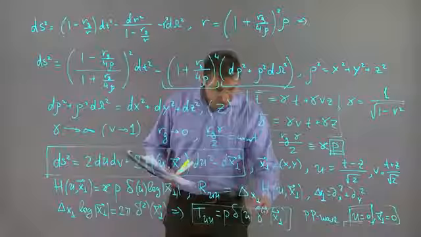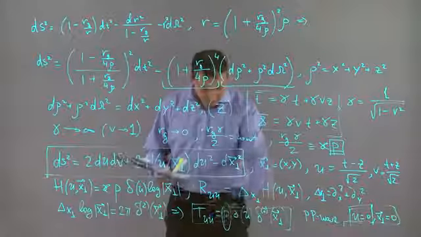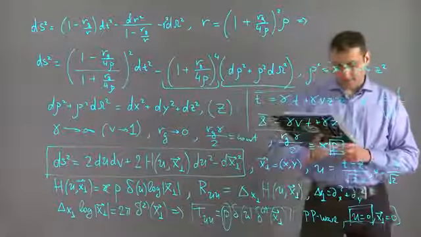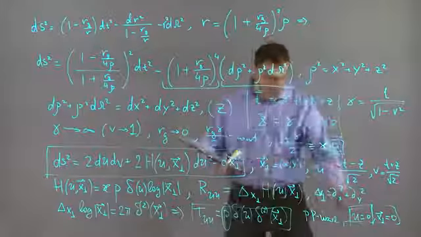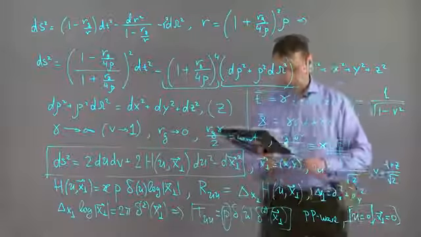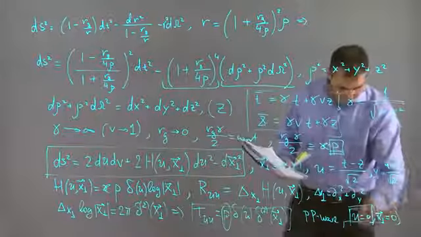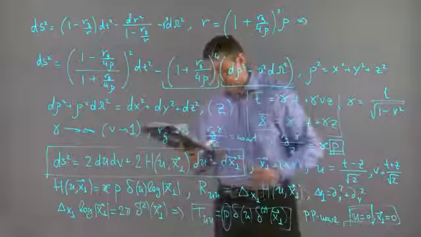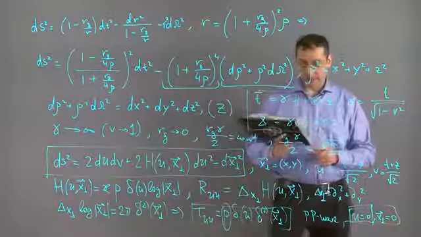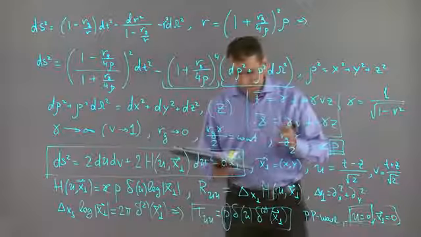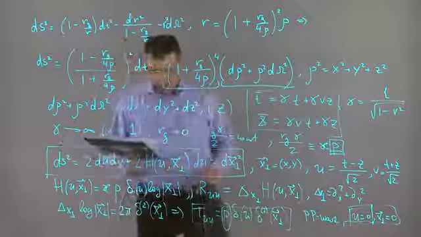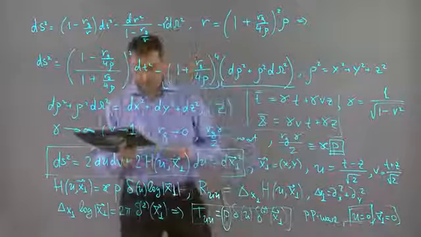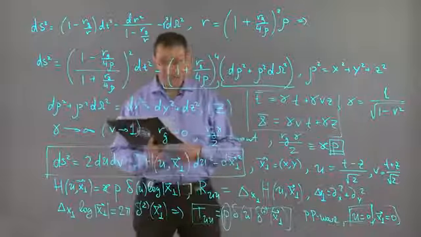So the momentum of this wave is given by p, according to this expression. This metric is defined beyond the point where the source is, because where the source is, we have a singularity. Beyond this point, this metric is defined, and it is not asymptotically flat, according to this expression, and it has a naked singularity, as one can see. Now we're going to describe properties of this metric.